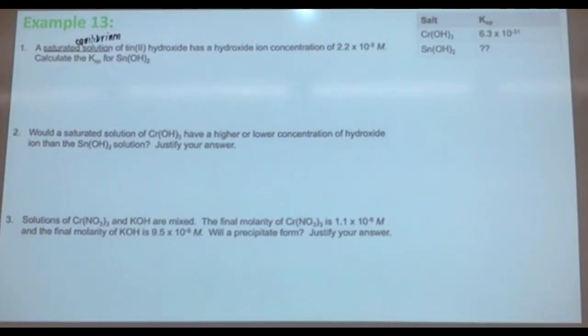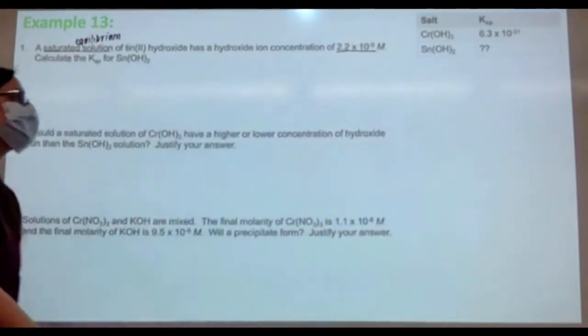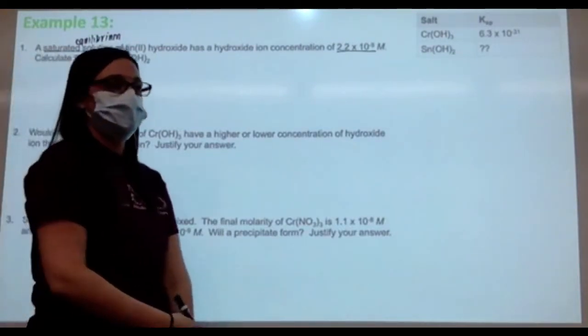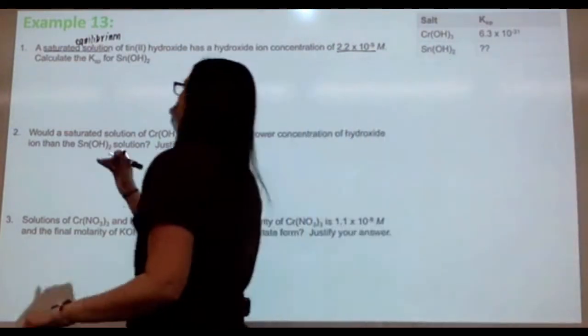So a saturated solution of tin 2-hydroxide has a hydroxide ion concentration of 2.2 times 10 to the negative 9th molar. Calculate the KSP. So this is similar to what we just looked at in the do now, where they're giving us concentration and they're asking us for KSP.